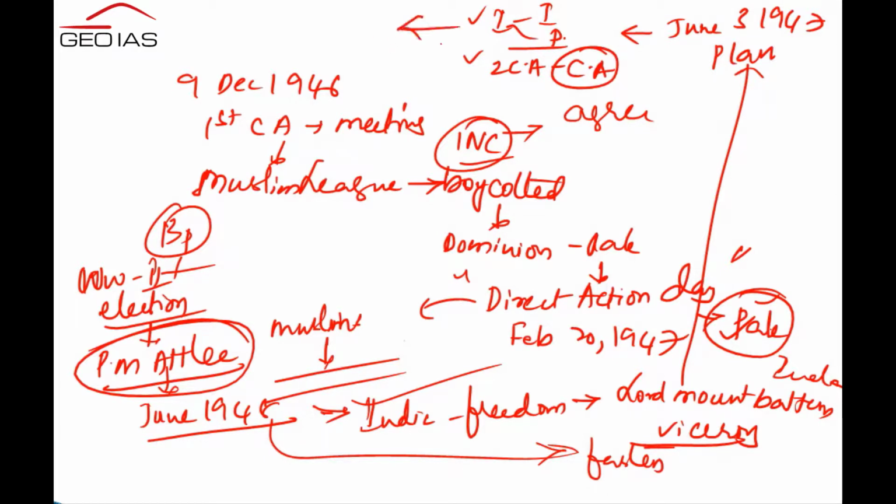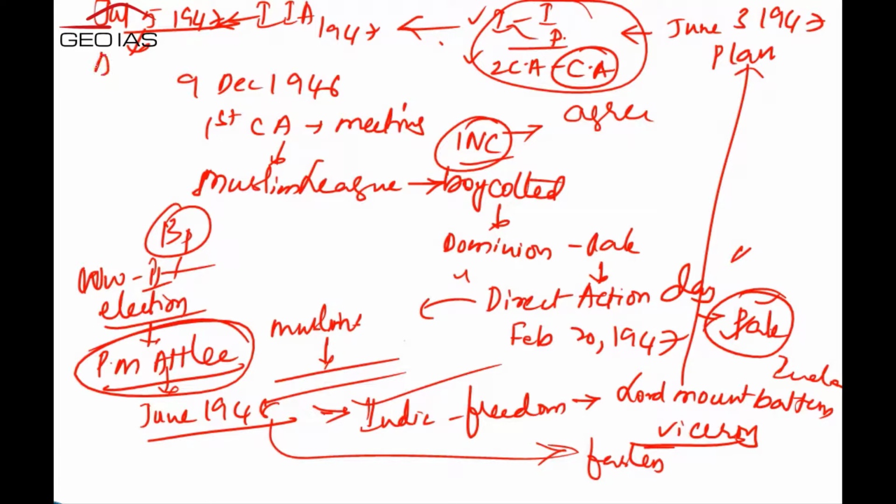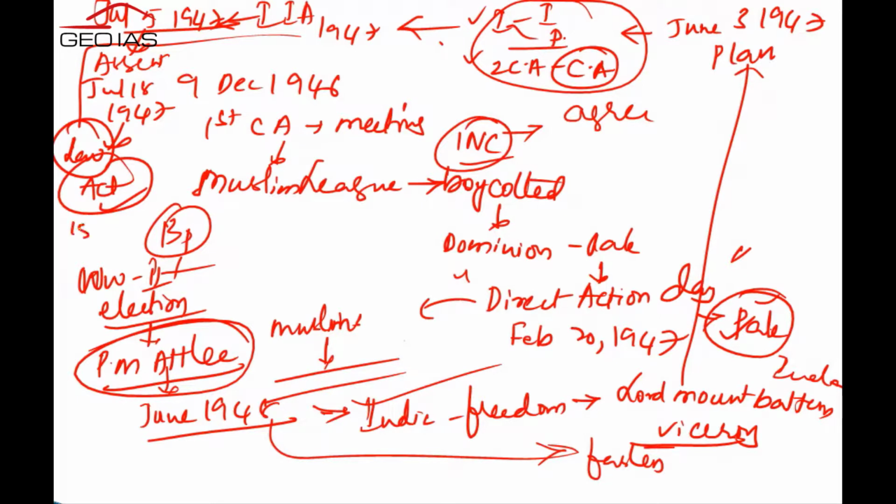Through this plan, the British Parliament passed the Indian Independence Act 1947 on July 5th 1947, and the assent was given by the King on July 18th 1947. So this law became an act, and India was granted freedom on 15th August 1947. So this is about the division of India into two and the independence of India.